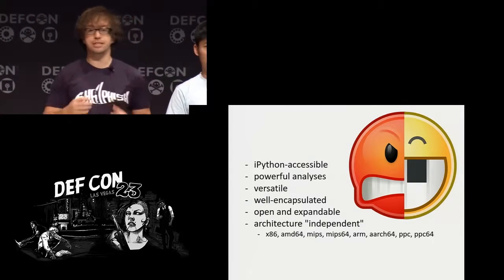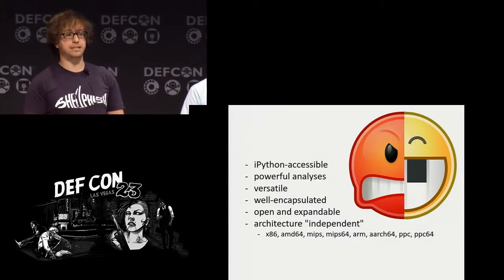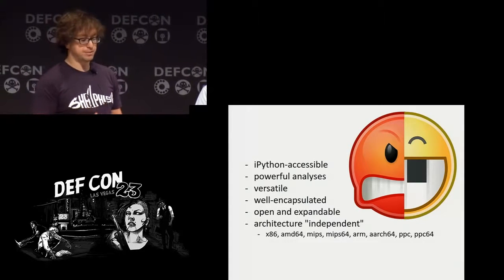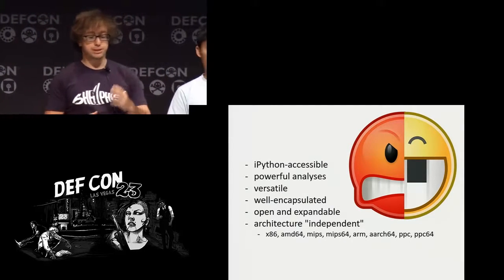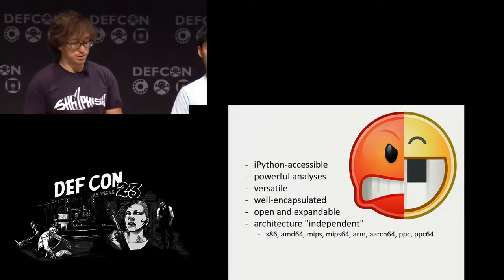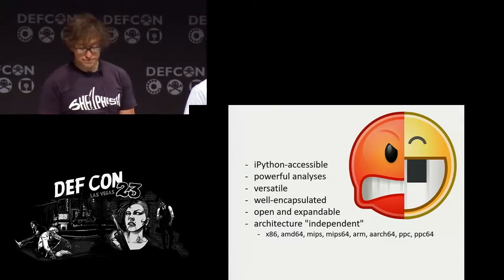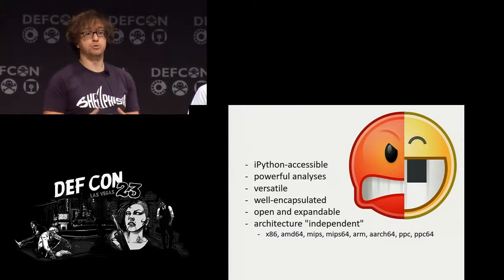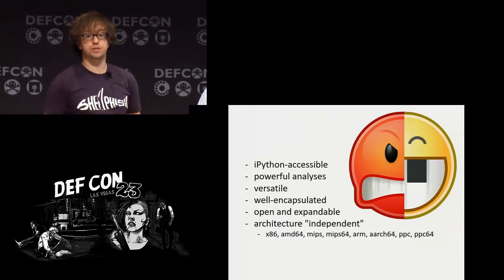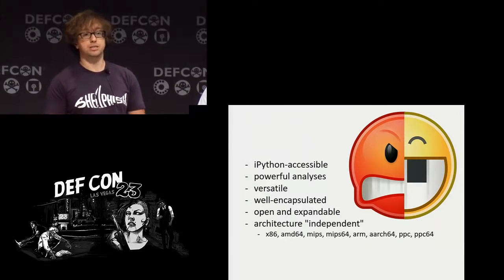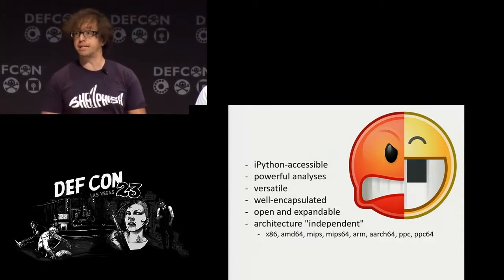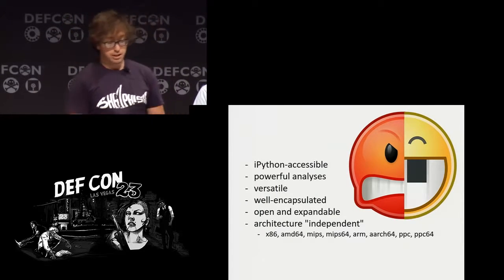It's meant to be used in IPython while you're working on a binary. That gives it a lot of flexibility. And it exports its analyses, which are pretty powerful, in a really well-designed way. We'll show off later how to use angr to quickly script symbolic execution, quickly script the finding of ROP gadgets, and so forth.